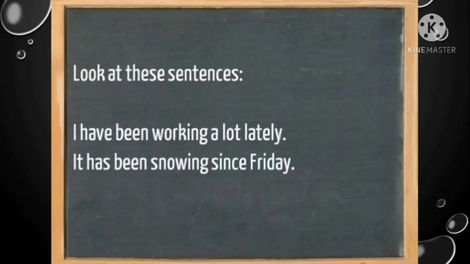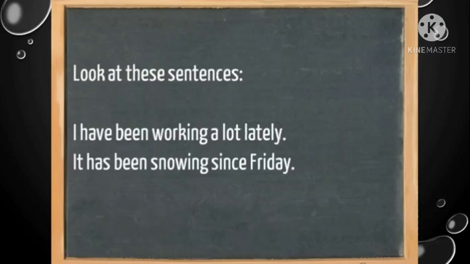And it is still continuing. It is still snowing, so the action is still happening. It started in the past and it is still continuing. It has not stopped. Okay? So both these sentences are in present perfect continuous tense.